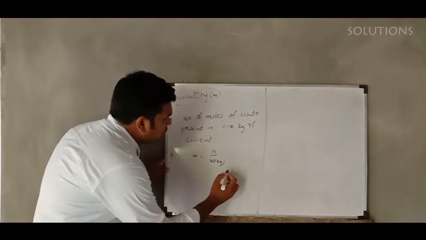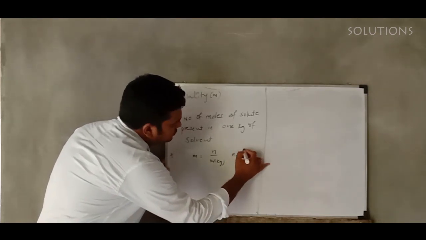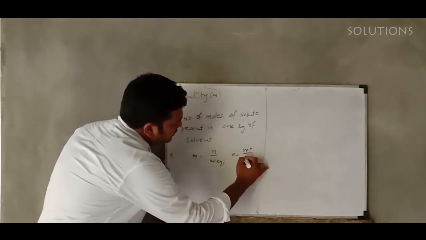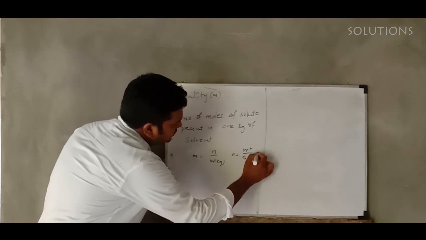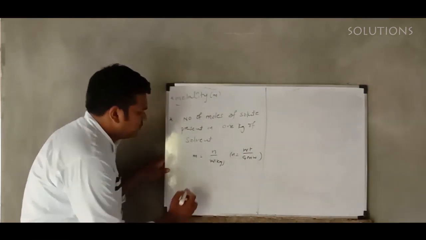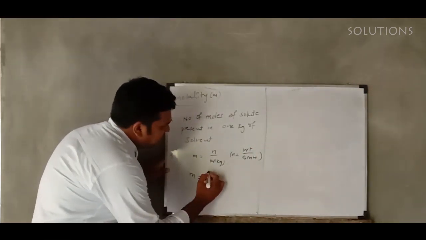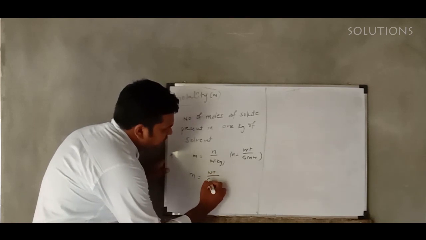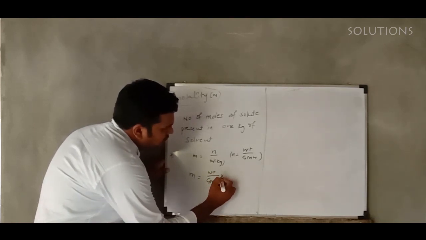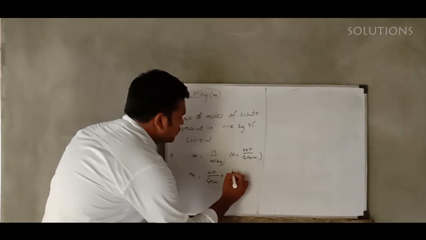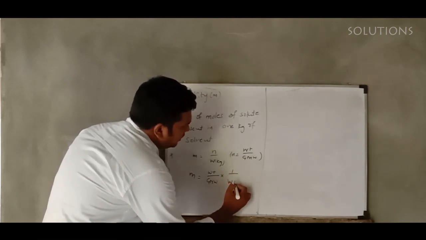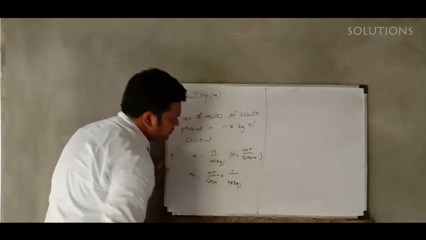You already know N is equal to weight of solute by gram molecular weight of the solute. From this, molality is equal to weight by gram molecular weight into 1 by W in kilograms.